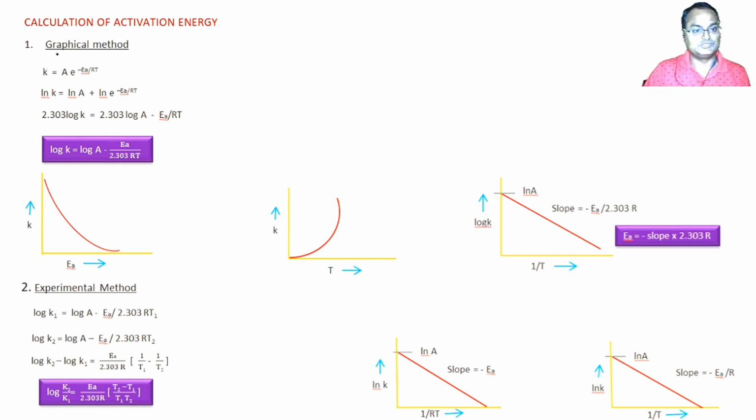So this is the Arrhenius equation k = A e to the power minus E upon RT. Take log, इसका हम लोग log लेते हैं. So log k is equal to log A plus log e to the power minus E upon RT, right? Now convert that is, log e to log 10 form.